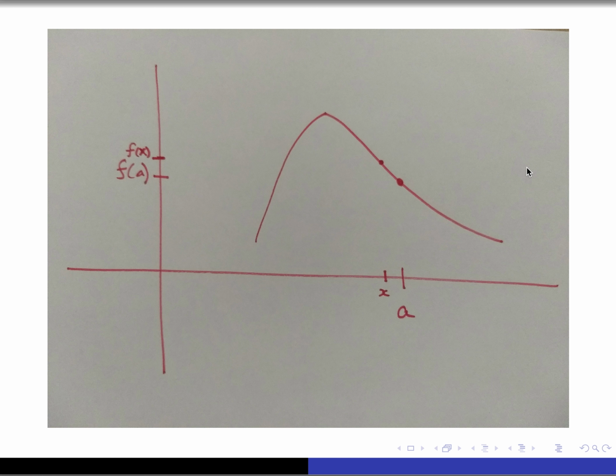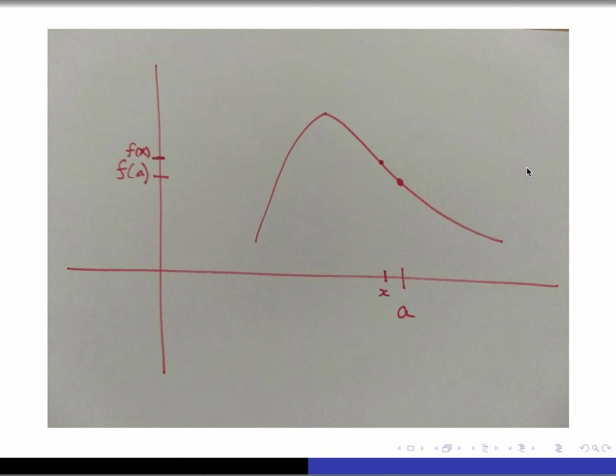So this is the first example of a continuous function. One thing you need to be careful about is here's another function. It looks completely continuous. Here's our point A, and if we move just a tiny distance to the left, the amount that the function value has changed is a lot.